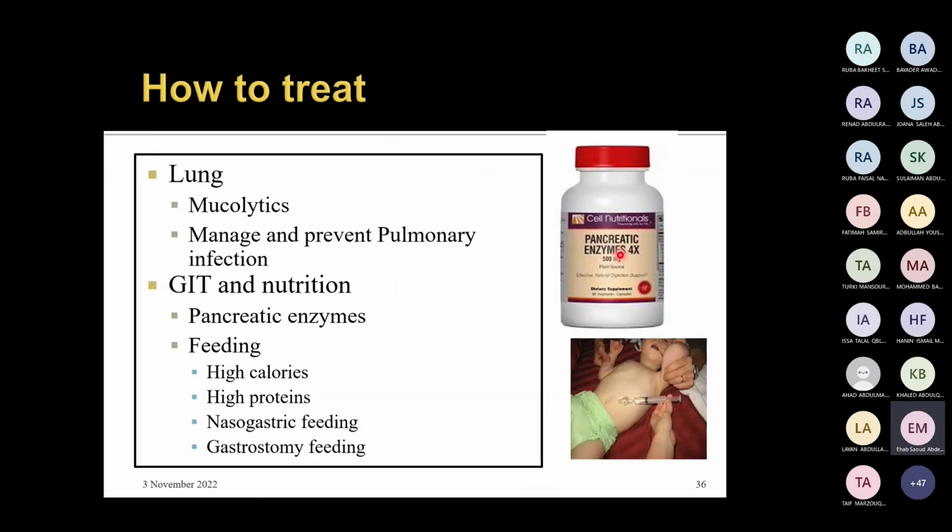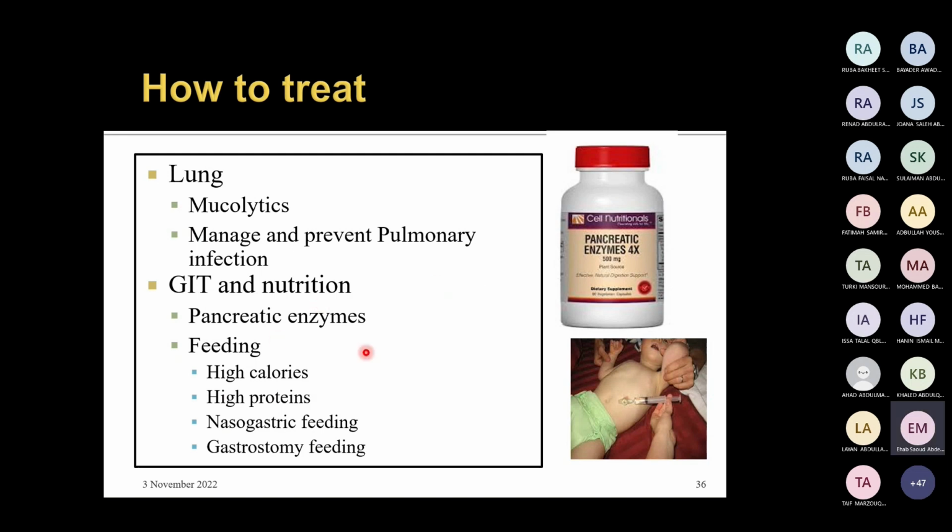So how are we going to treat it? If you understand the pathology, you might think, okay, we have excess mucus in the airway, so we need to use drugs called mucolytics, drugs that liquefy the mucus so the person can easily spit it out. We can manage and prevent pulmonary infection because we know that pulmonary infections are invited.